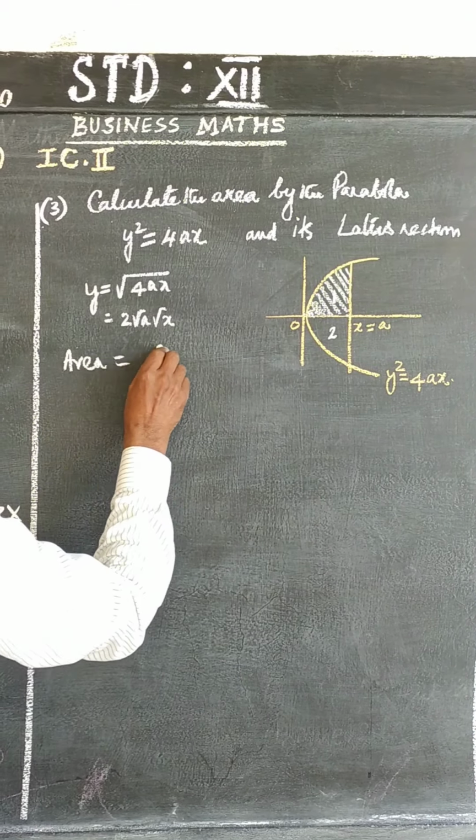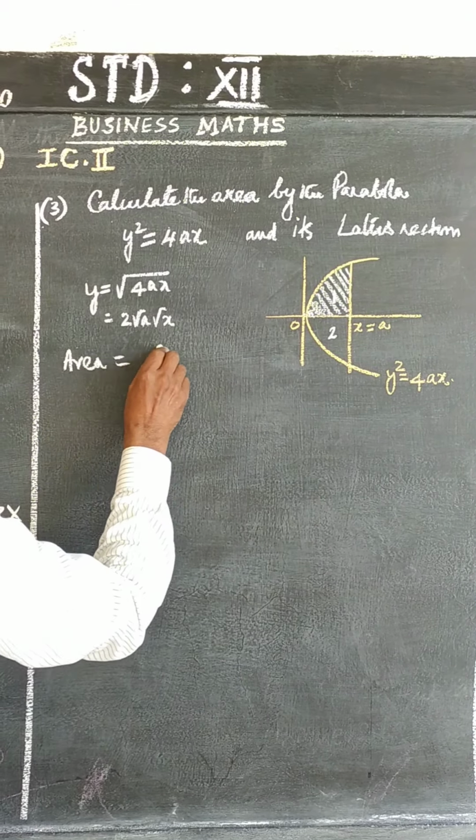The area formula is y dx. Therefore, 2 into 2 root a, from 0 to a, x power half dx. That is 4 root a into x power 3 by 2 by 3 by 2, from 0 to a.